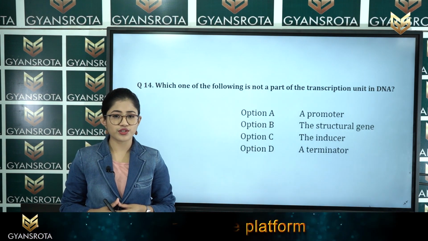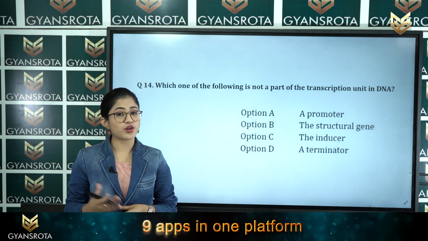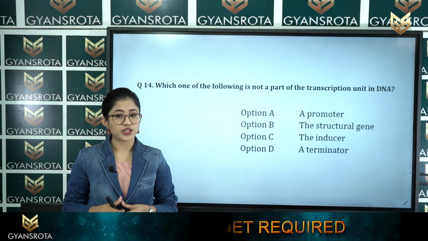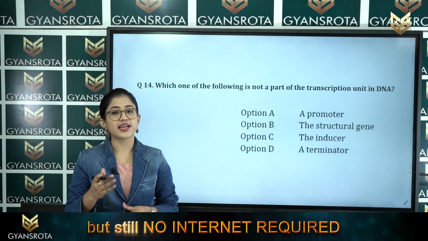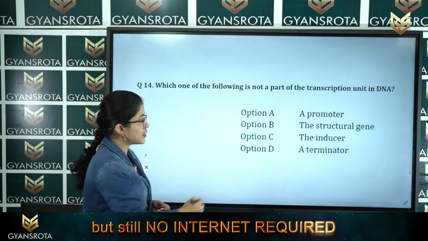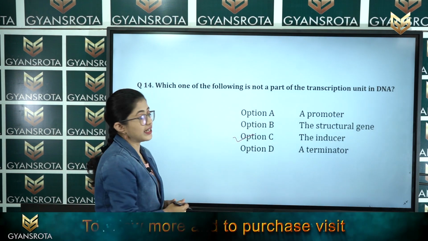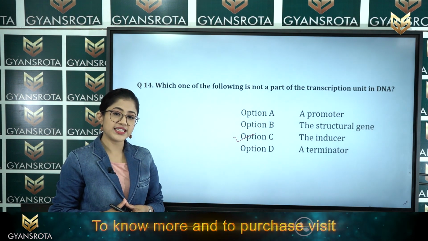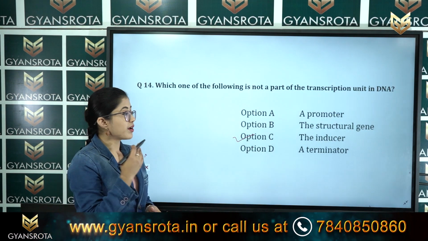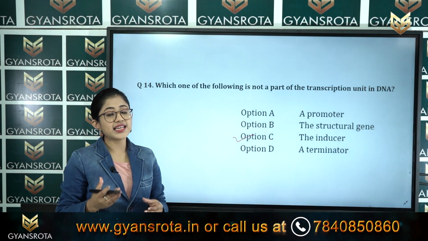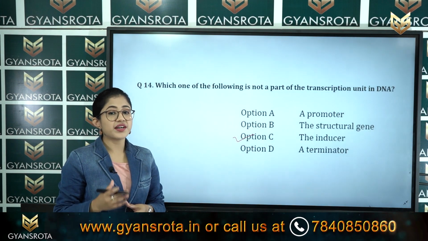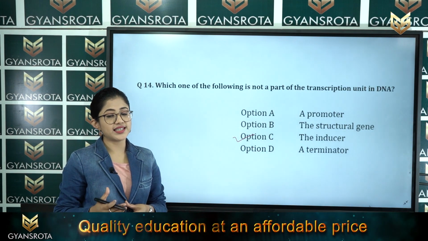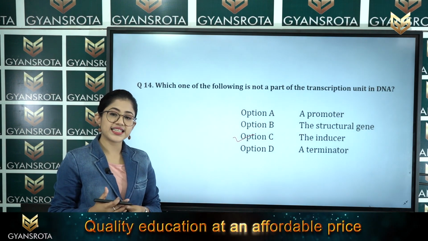That's a very easy question, student, and it is from the chapter Molecular Basis of Inheritance. So what is the correct answer? The correct answer is option number C, inducer. Inducer is not a part of the transcription unit of the DNA, while a promoter, the structural gene, and a terminator, these are all part of the transcription unit in DNA. So that is the correct answer.